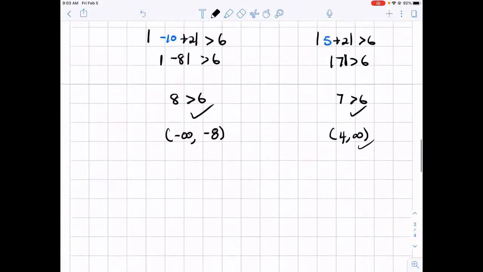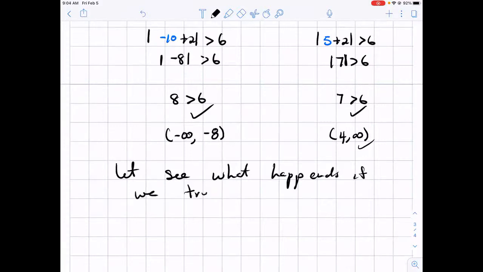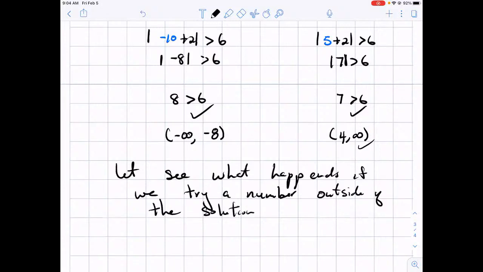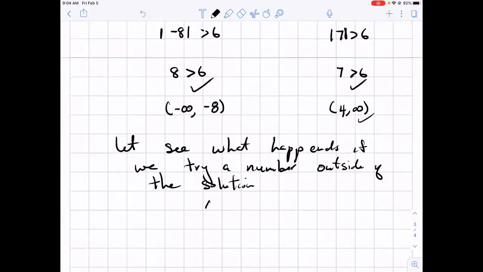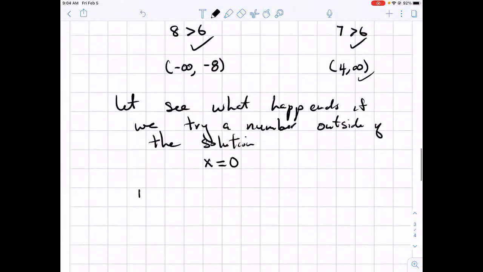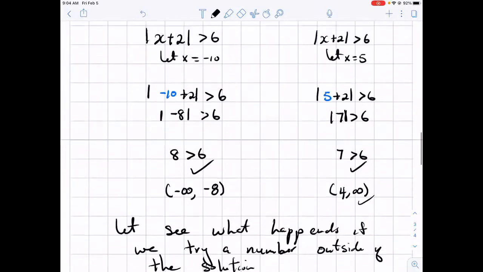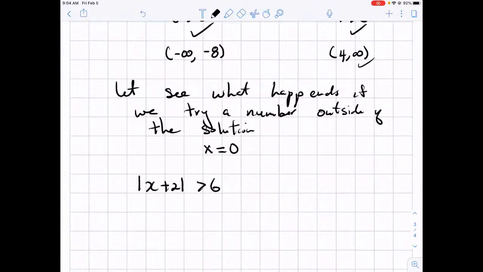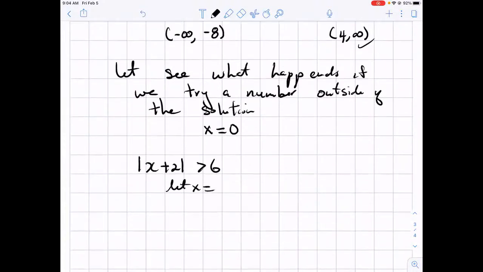Now let's see what happens if we try a number outside of the solution, such as x equals, let's say, 0. So remember, our equation is the absolute value of x plus 2 greater than 6. Let x equal 0.